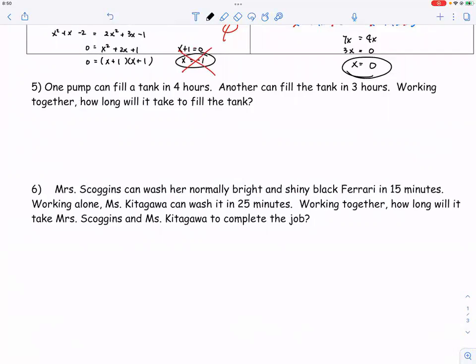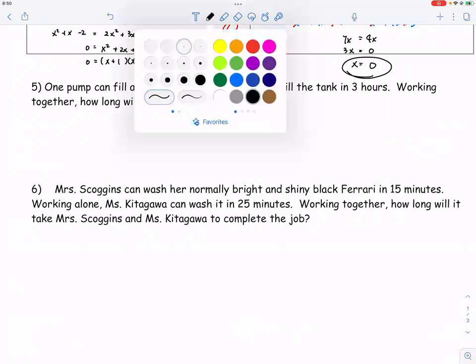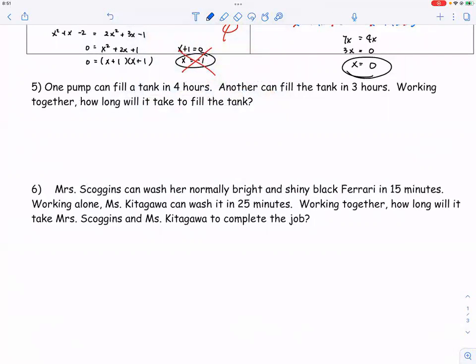Again, the idea is this. We're talking about these jobs, and we're talking about the individual rate, and also the rates when things are being done together. So the annotation would be like this. One pump can fill a tank in 4 hours.